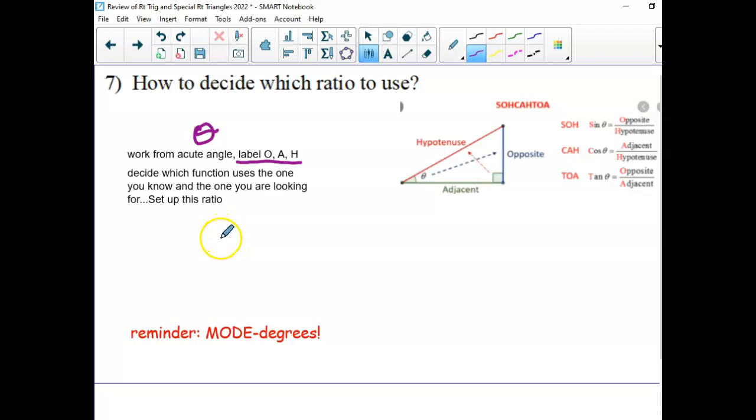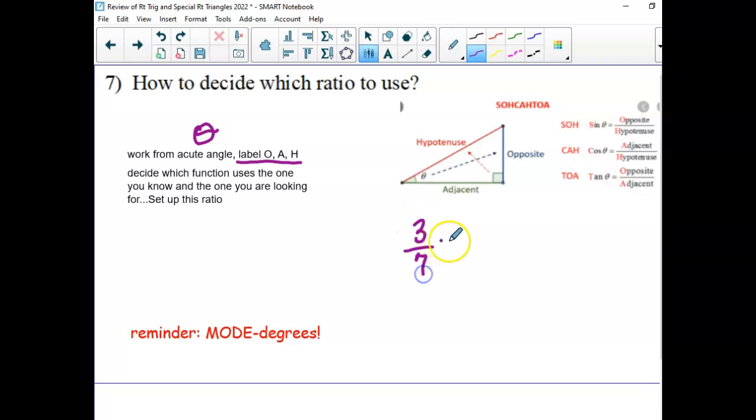So if you want to write some of that down, it says work from your acute angle, label O, A, and H, and then we're going to decide which function uses the things that we know and the things we're trying to find. Are we going to use SOH or CAH or TOA? And then we're going to set up the ratio, and we're going to do a little cross multiply and divide.